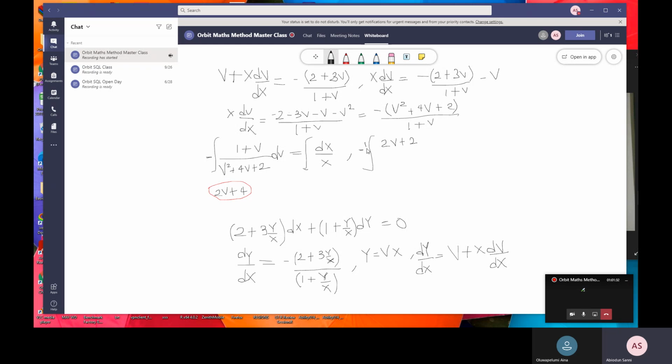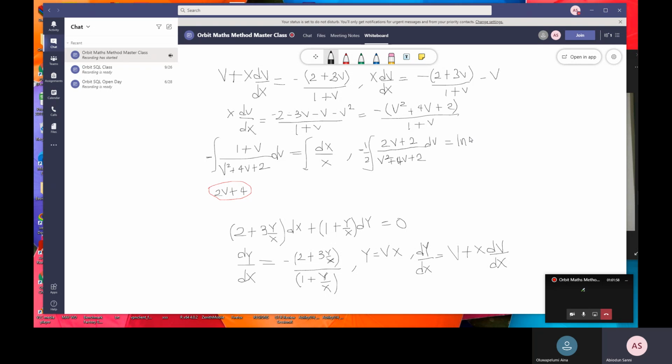But I have to divide by 2 so that it will look like I didn't do anything, so that I won't tamper with what I have. So I'll have this, 2v plus 2 dv. This is ln x plus c.